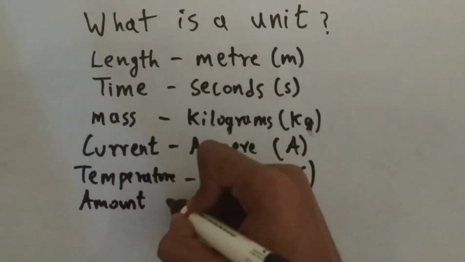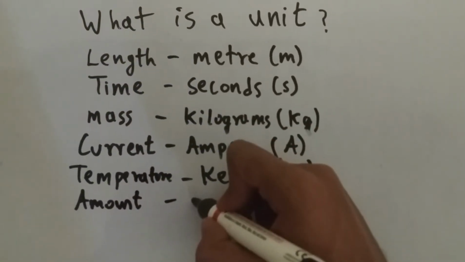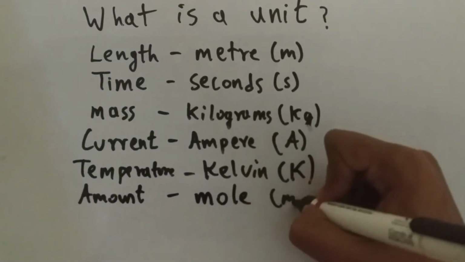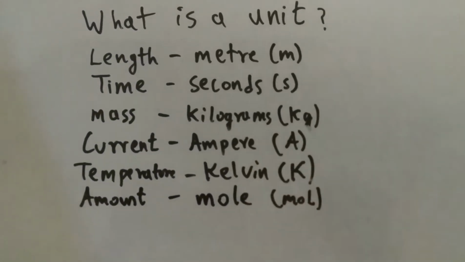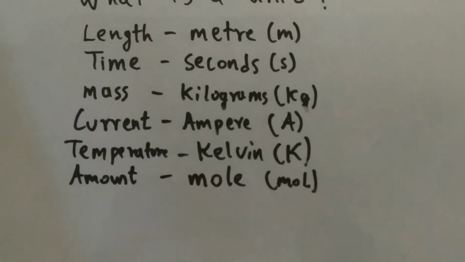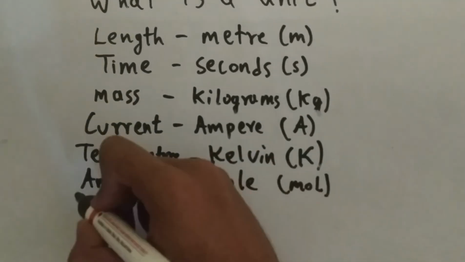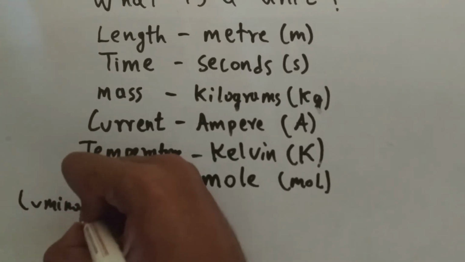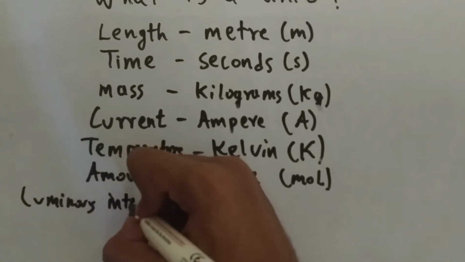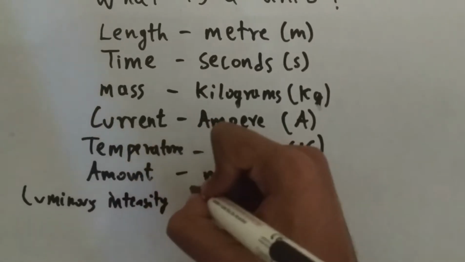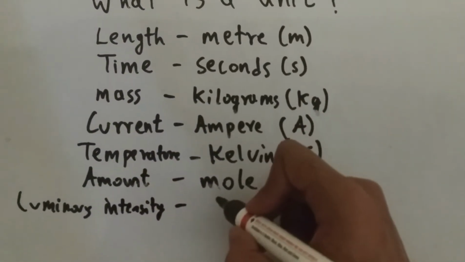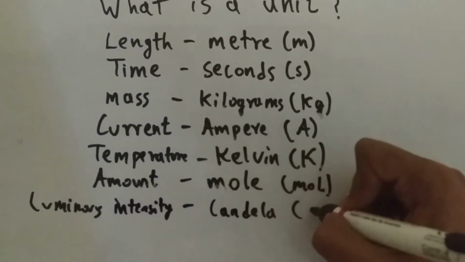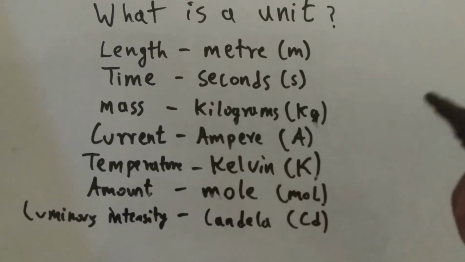It's represented by the SI unit mole, mol. Next physical quantity is called luminous intensity. Its SI unit is candela, represented by cd.